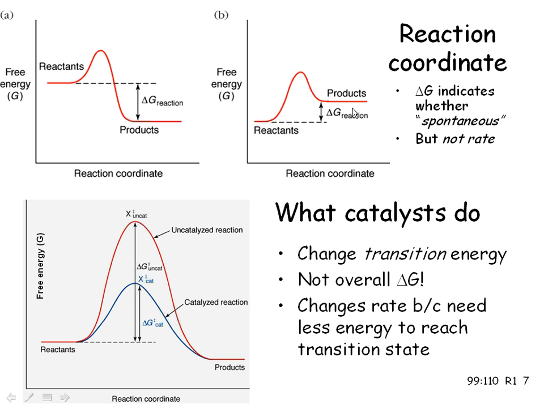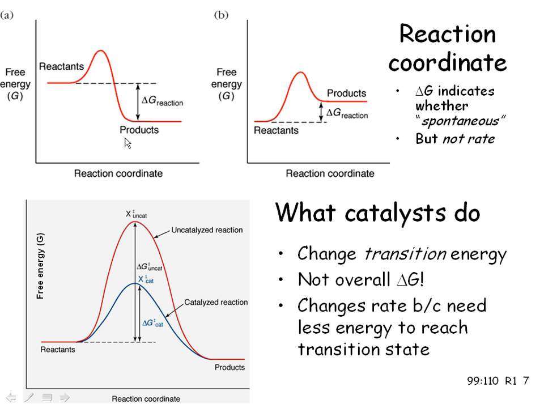If the products have more free energy than the reactants, that reaction will not go spontaneously. Energy will have to be put into that reaction somehow. You remember we mentioned on Monday that it can do it by coupling it to a spontaneous reaction, but by itself it won't go. So if there's a positive delta G, it's not a spontaneous reaction.